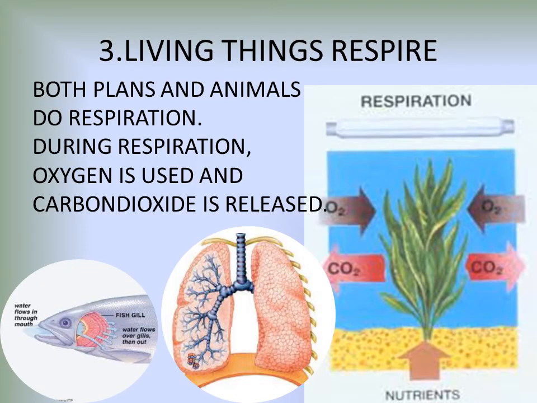Then we have the third characteristic, that is living things respire. So both plants and animals respire. During respiration, some gases are used and some are released. For example, in humans or animals, during respiration oxygen is used and carbon dioxide is released, and that carbon dioxide is again used by plants to prepare food, and those plants release oxygen, which is again used by animals.